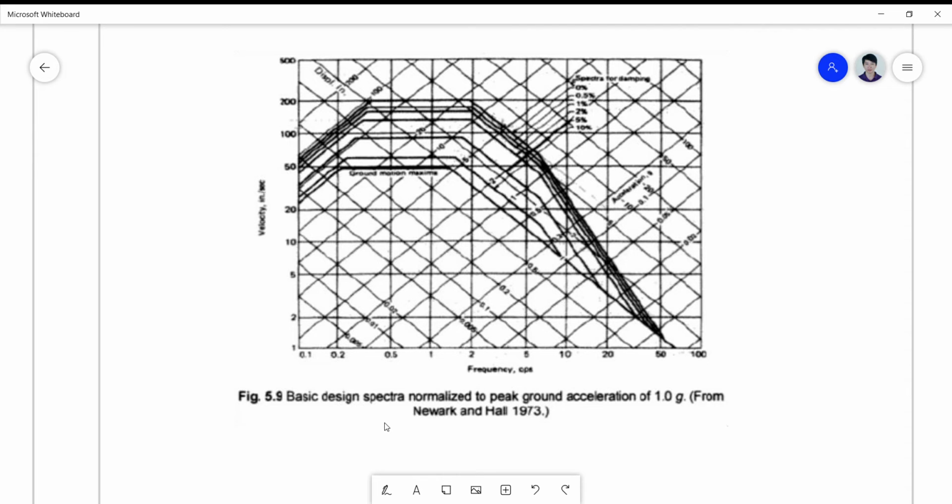Okay, so when you talk of design values, we are taking the average of the different responses brought about by comparing the analytical graph with that of the experimental graph. Okay? So, average and normalize.